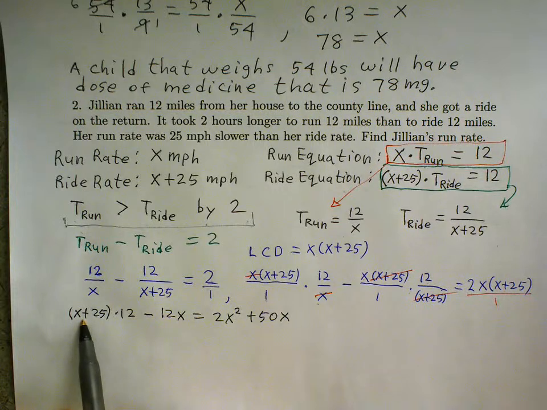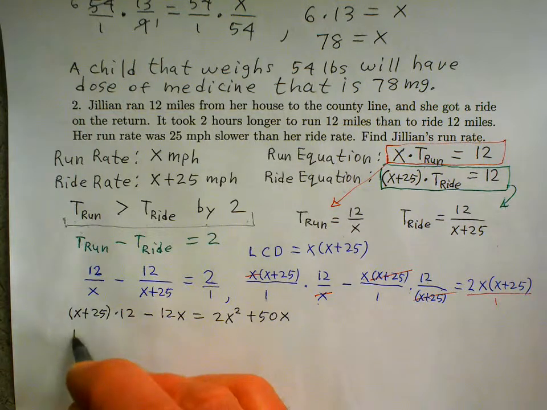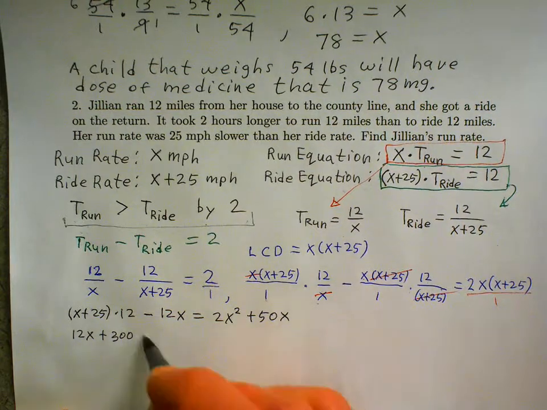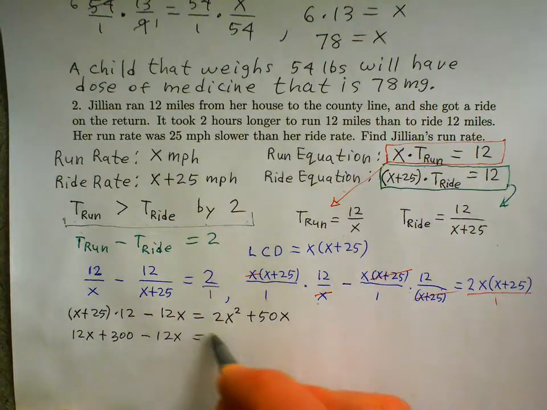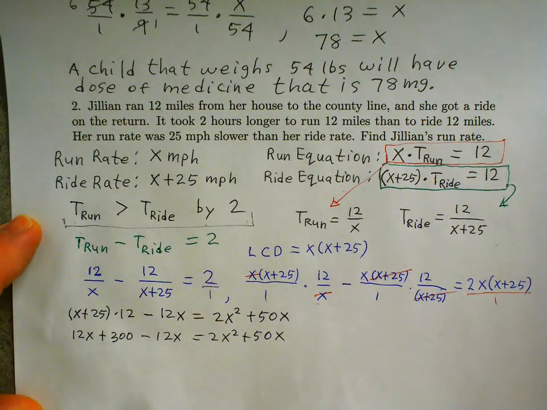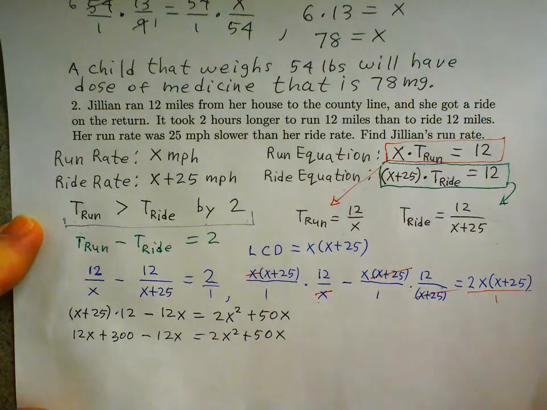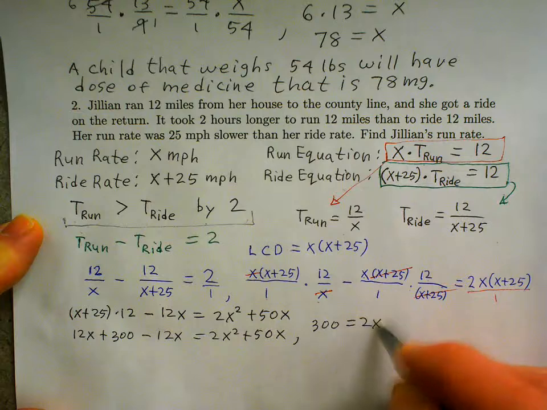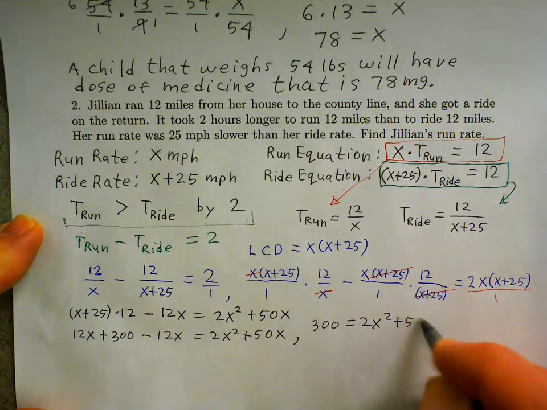Okay, x plus 25 times 12 is 12x plus 300, and then minus 12x equals 2x squared plus 50x. On the left-hand side, the 12x minus 12x is 0, and then we have 300 equals 2x squared plus 50x.